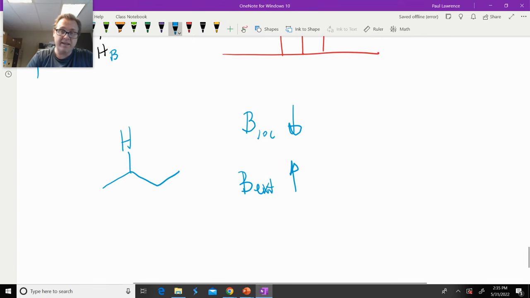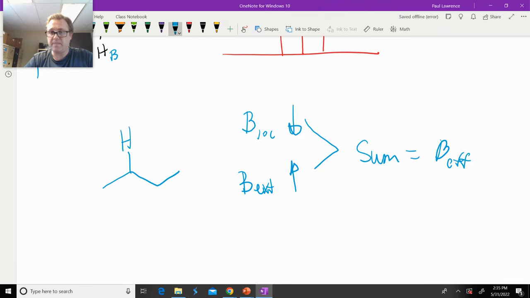And I said that's always the case. And so now when you sum up these two forces, you're going to get the B effective. Remember that? Well, I kind of misspoke. That applies for alkanes.